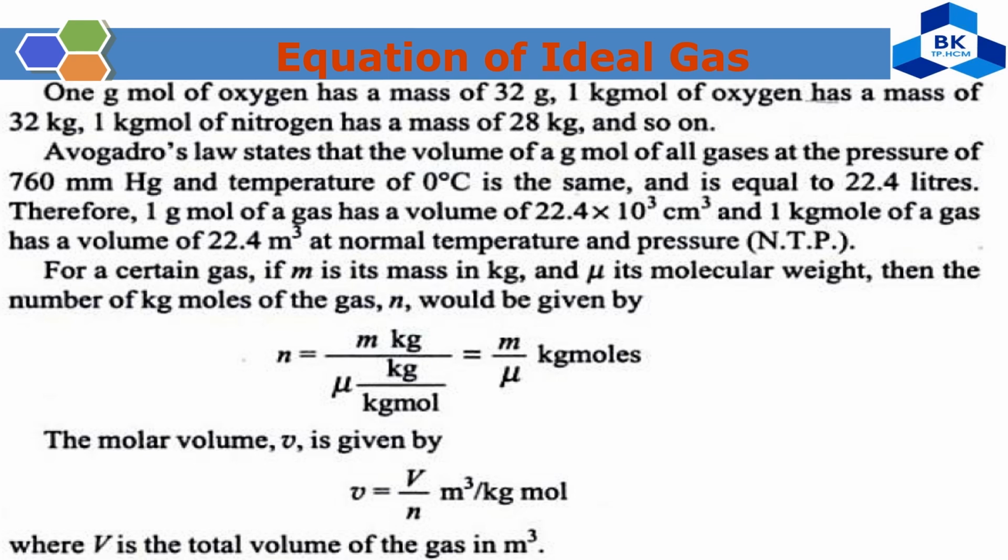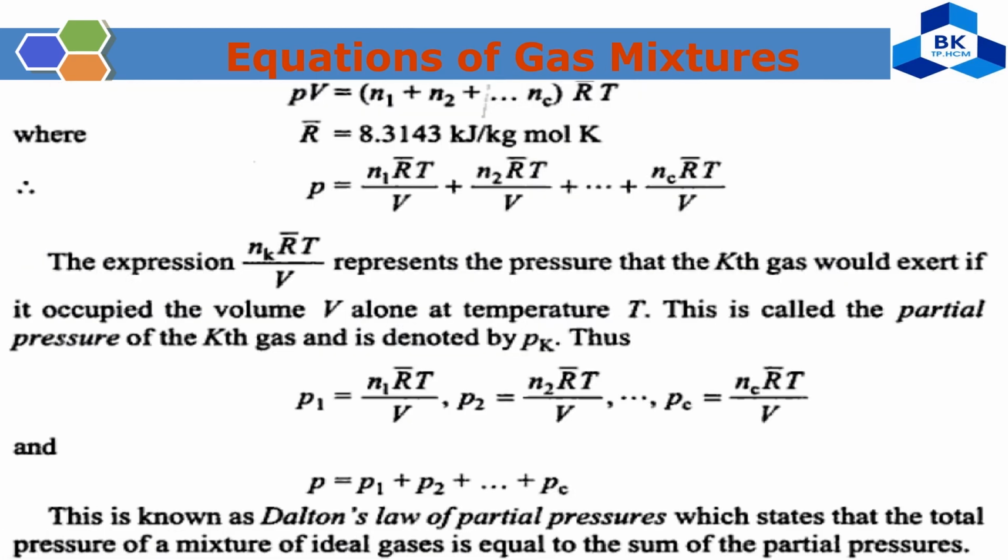We work it out, and the number of moles is m divided by mu. You already learned this one, so I will just move quickly to the end of the lesson.